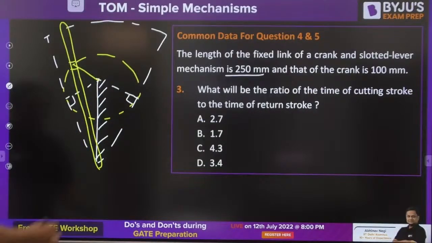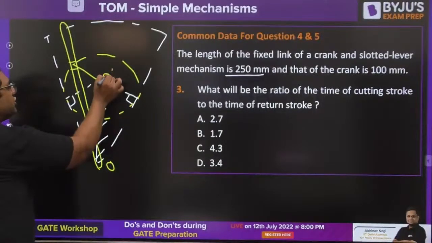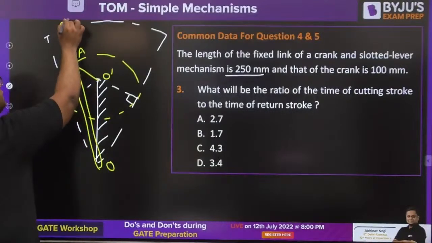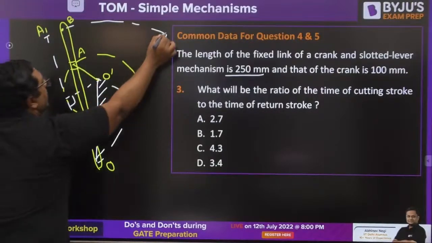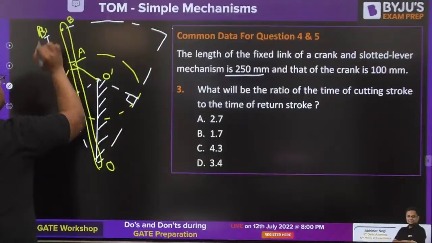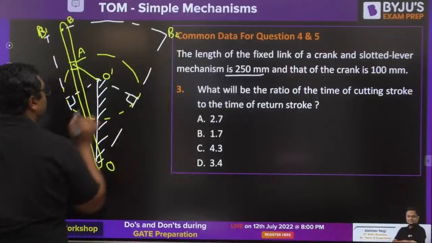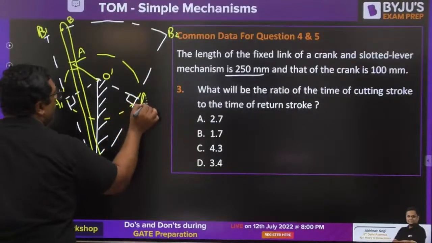So guys, this is O dash, A, B. This is starting from B1, B2. This is A1, A2.